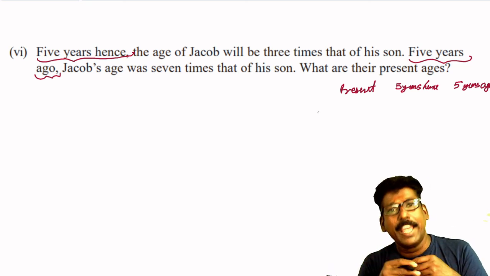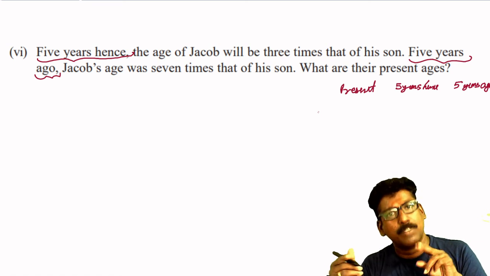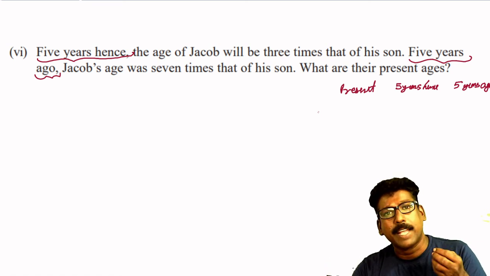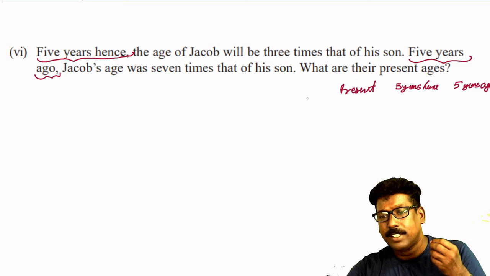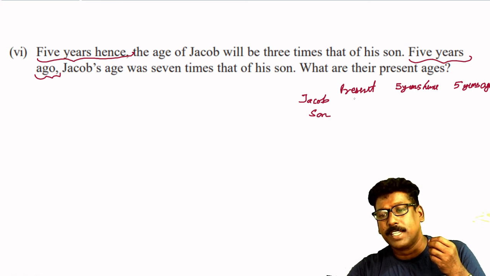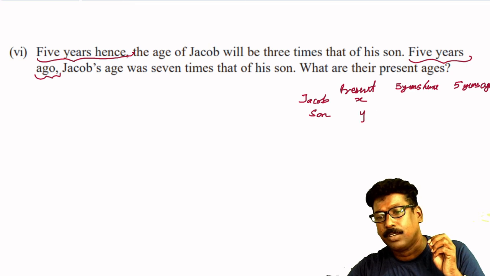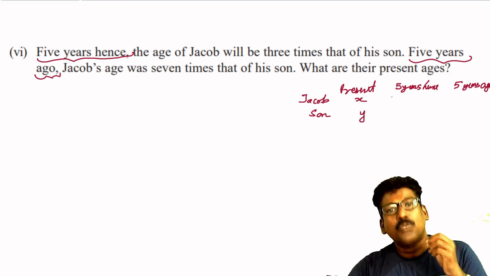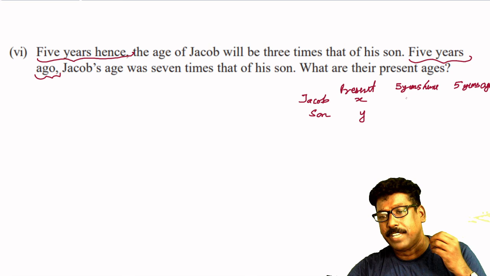Now for every age problem, 2 persons will be there. Here it is Jacob and his son. So we can write Jacob and son. Let the age of Jacob be x and son be y. 5 years hence means after 5 years.